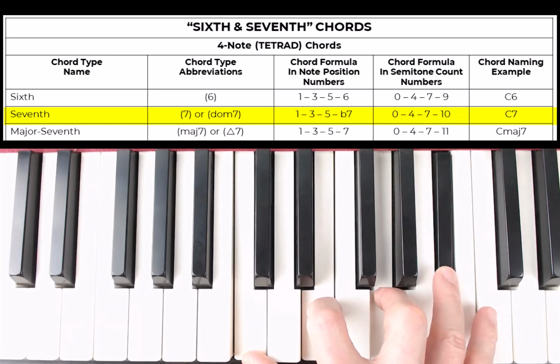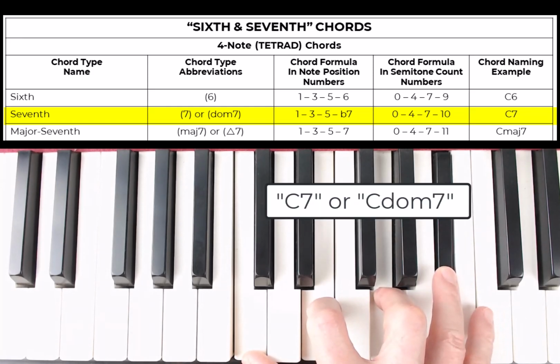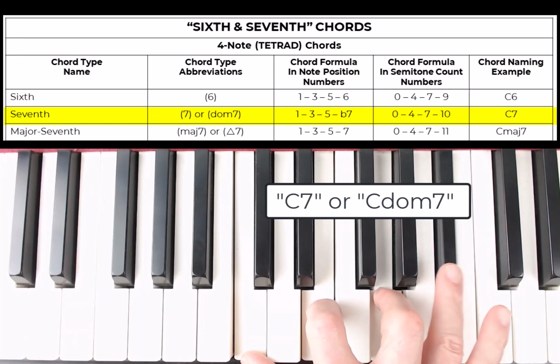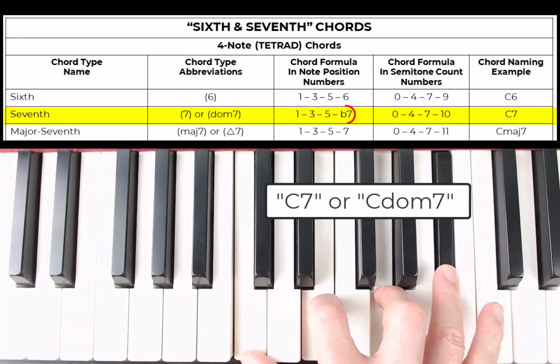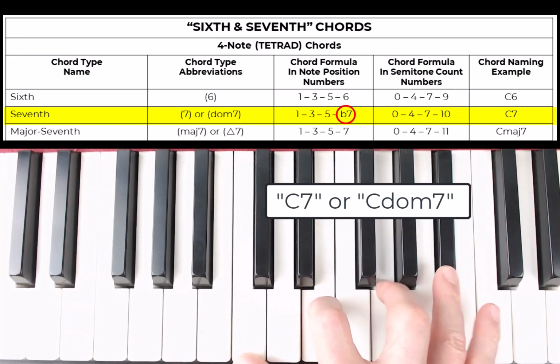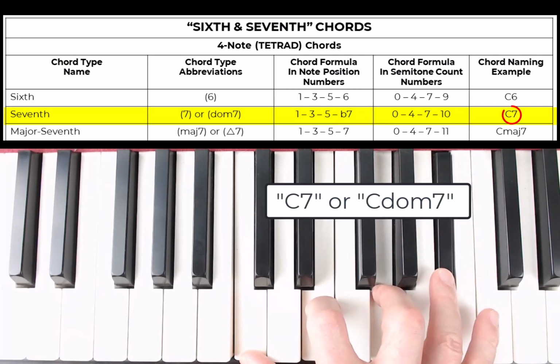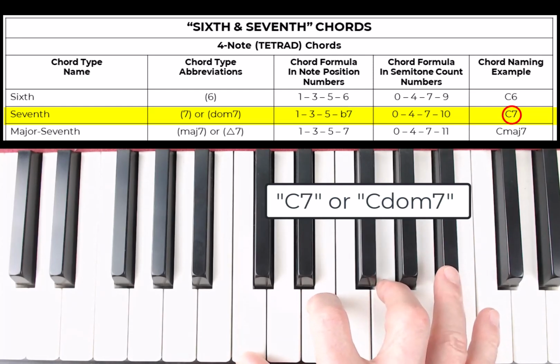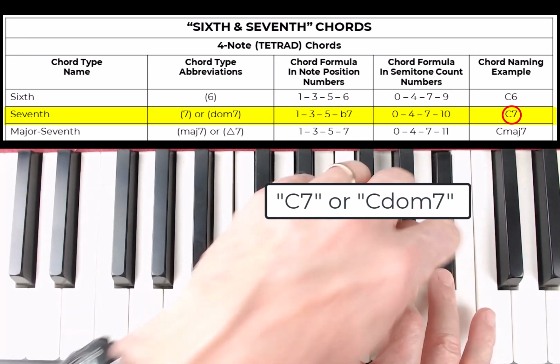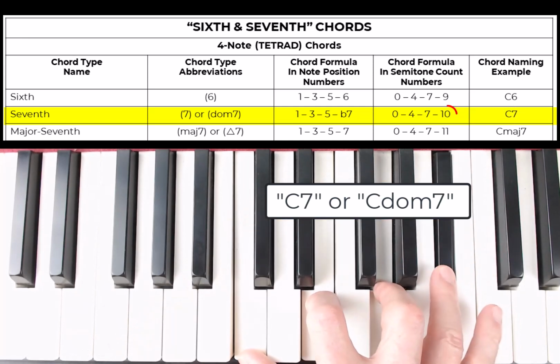We can hear that added 4th note pretty well. That is actually, in note position number, the flat 7. And that's part of the confusion I just talked about. So even though we call it a C 7th chord, it would be better to call it C dominant 7th, so we know that that's the 10 semitone count number.